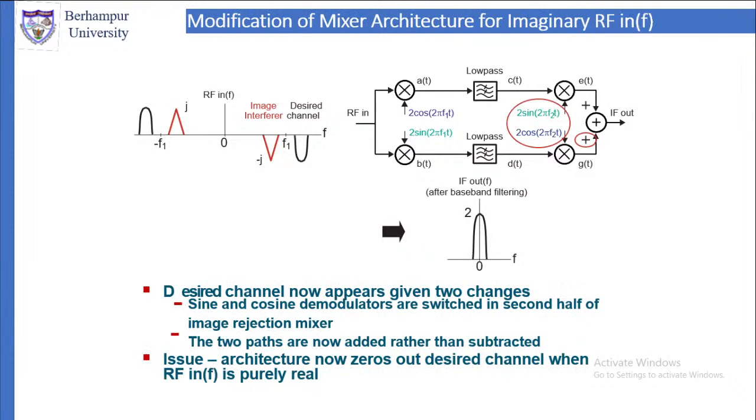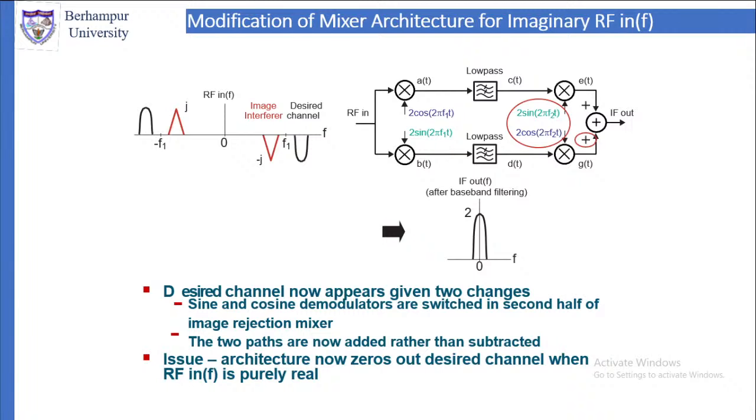So what we do is, for the desired channel in the mixer, we just interchange cosine and sine at E and A. At E, earlier we were giving cos, now you give sine. Similarly at G, we were mixing with sine, now mix it with cosine. Only this must change.